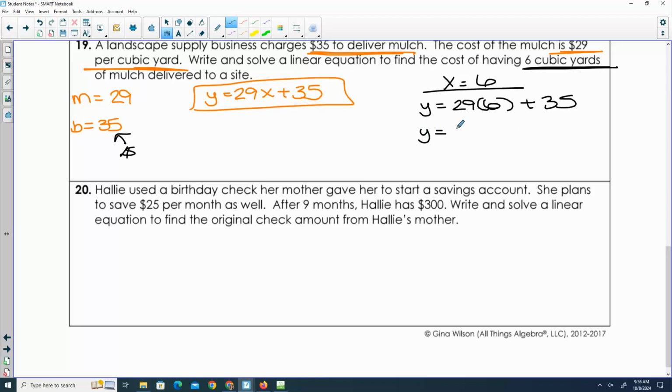So we plug in 6 for x, so we get 174 plus 35. So it's 209. What would my label be? Dollars. We would pay $209 to get our 6 cubic yards.